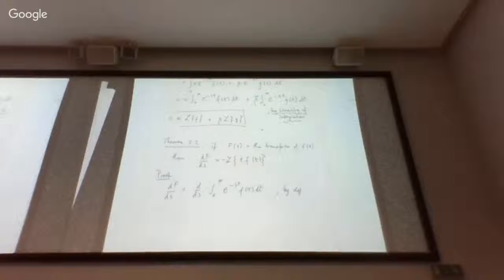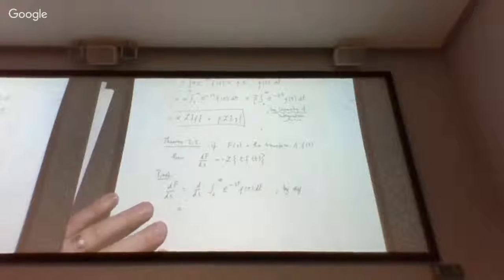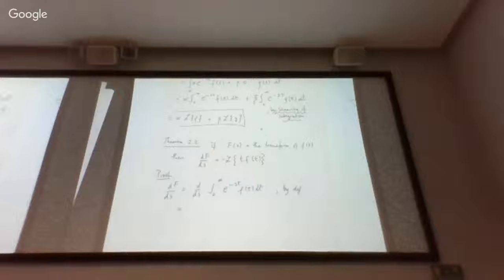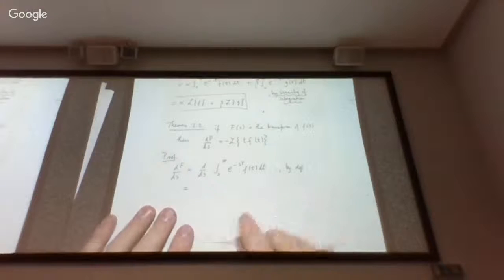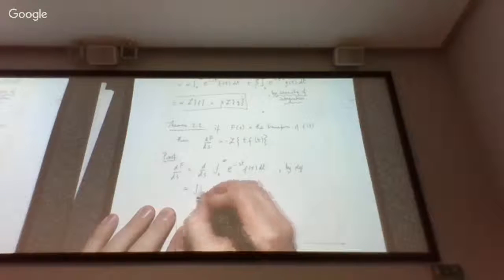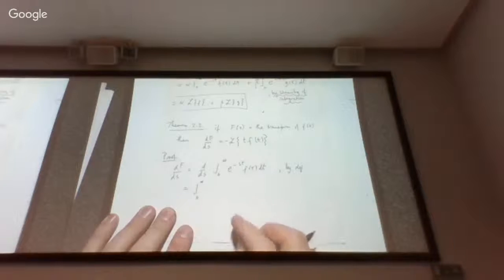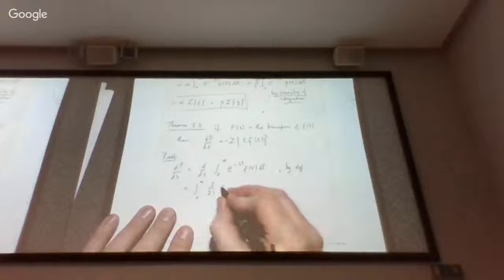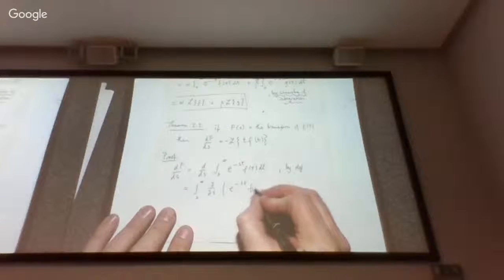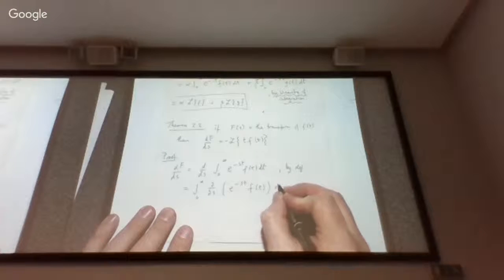Now we're going to interchange the order of these operations of integration and differentiation. They are operations with respect to different variables, s and t, independent variables. So without too many extra assumptions, we can interchange their order. So this is the integral from 0 to infinity of, and now let's write it as a partial derivative with respect to s, because the thing we're applying it to has a couple of variables.